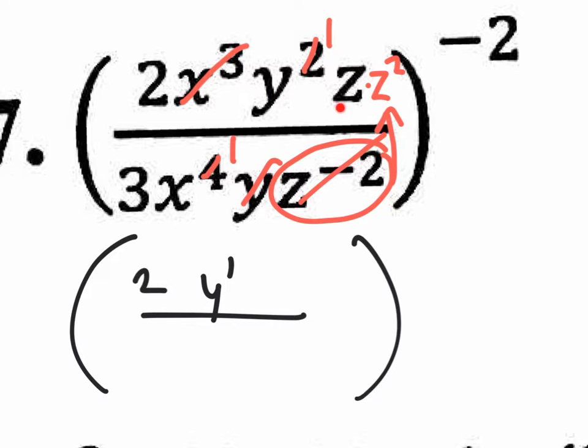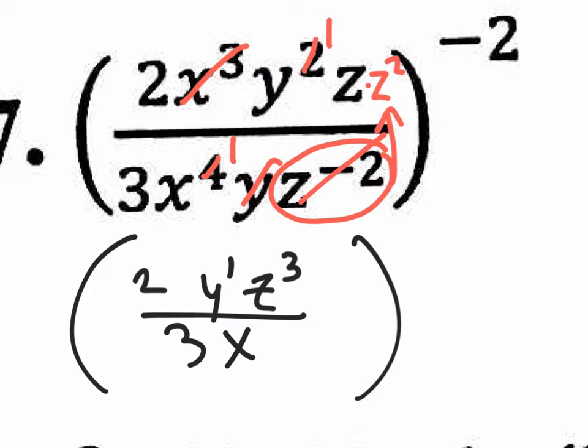And how about, what do I have here? Z times z squared. Z to the third. Okay. So we have 2y to the 1, z to the 3, over what's left on the bottom. There's a 3, there's an x, and that's it, because this one moved up. So there's a 3x on the bottom.